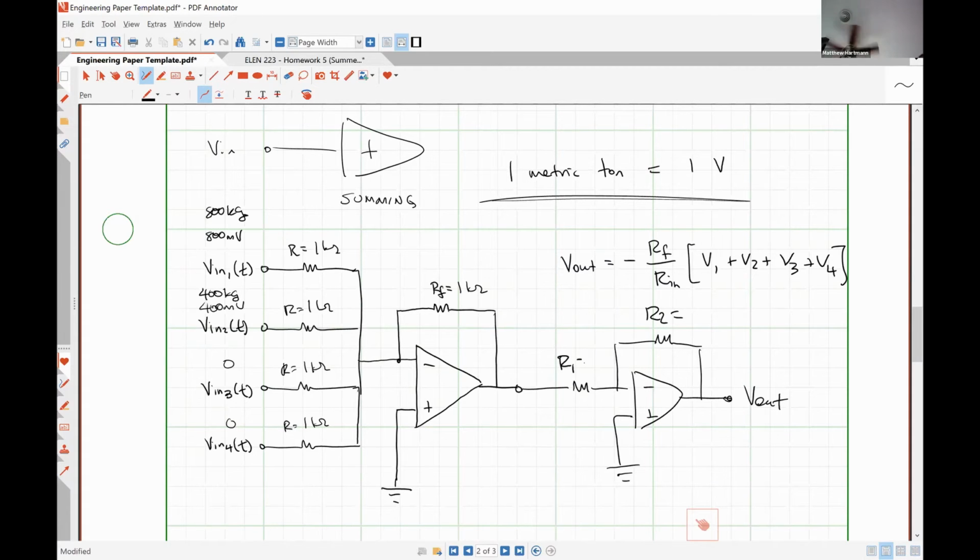This resistor right here is R1. So what's the relationship have to be for those guys? They should also be the same, right, because we want an overall gain of 1. We don't want to mess with anything. So we could put these as 1 kilo ohm and 1 kilo ohm as well. So nothing crazy there.